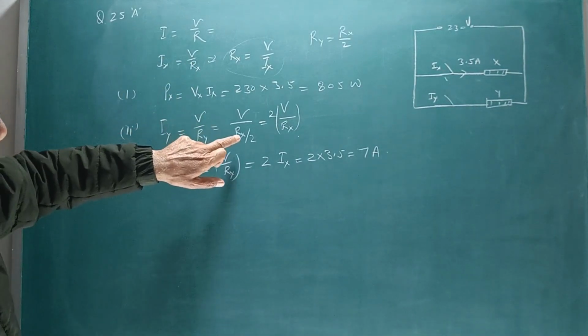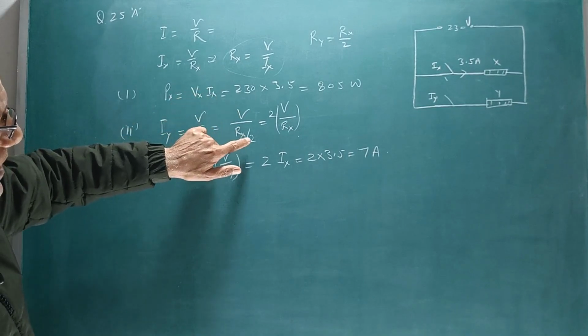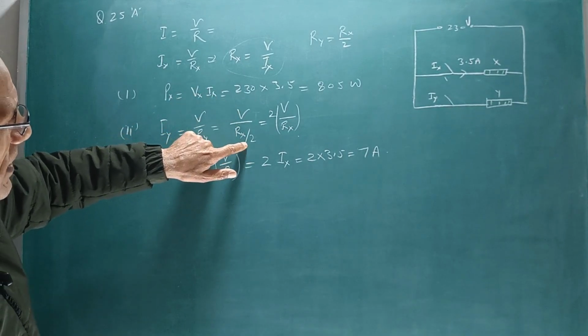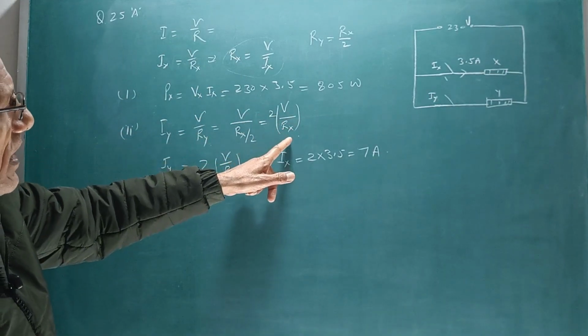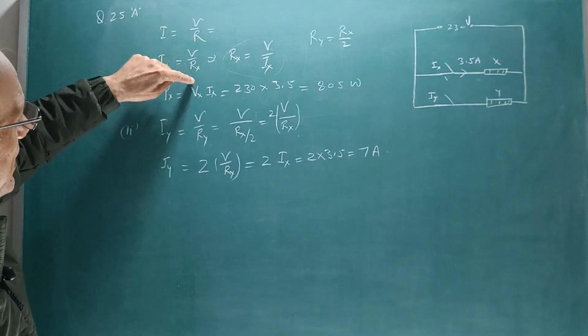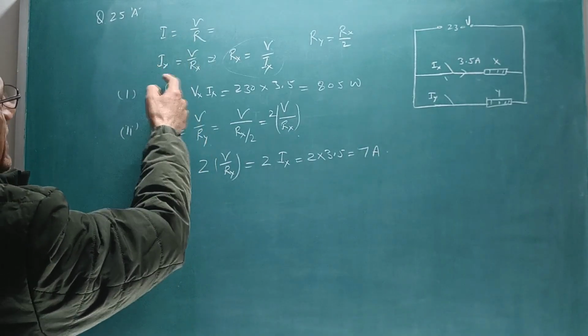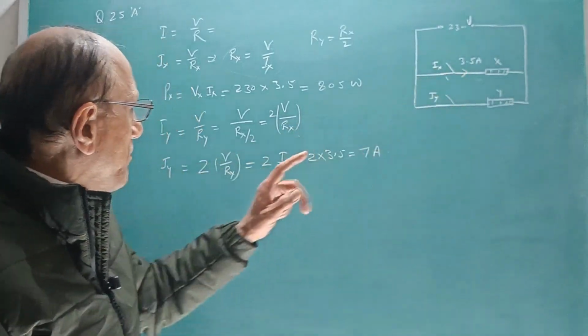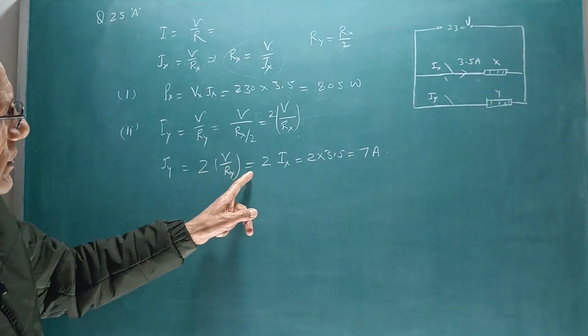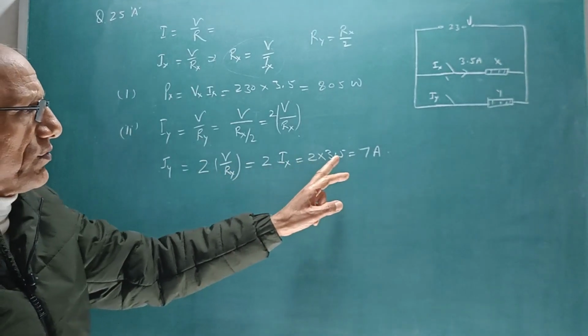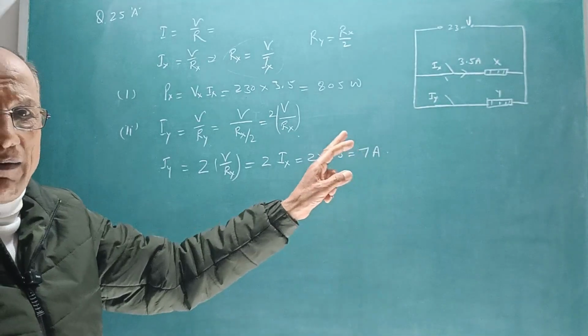So Ry can be replaced by Rx by 2. The V upon Rx by 2, this 2 gets multiplied here, then twice of V by Rx. And since V by Rx is Ix, which is 3.5 ampere, we can say Iy equals 2 into V by Rx, that is 2 into Ix, that is 2 into 3.5, that is 7 ampere.